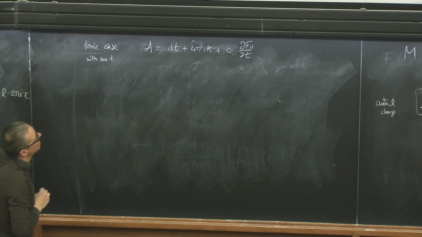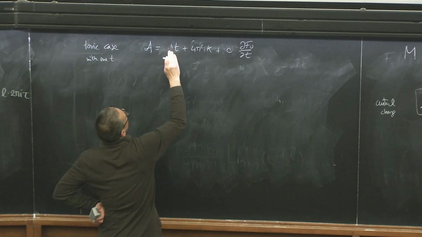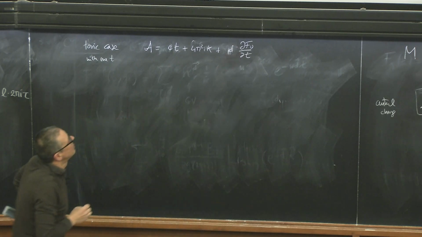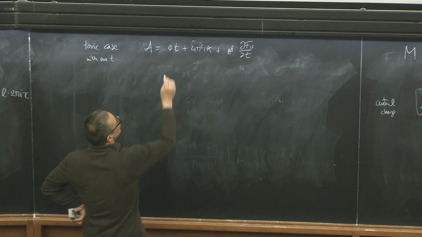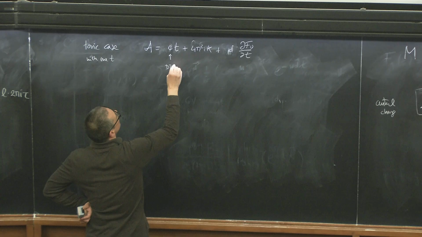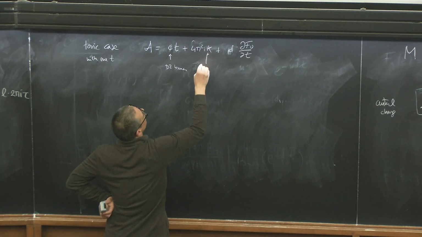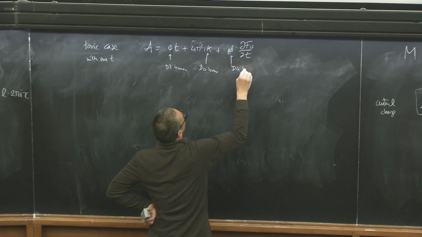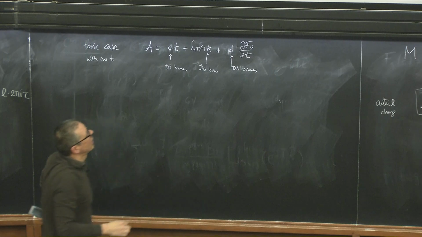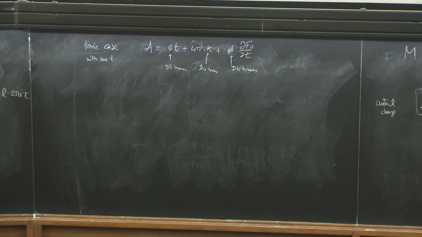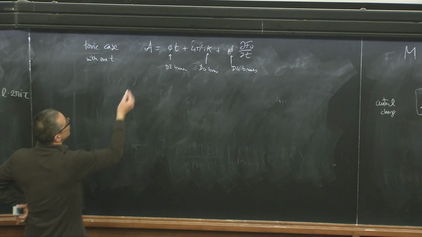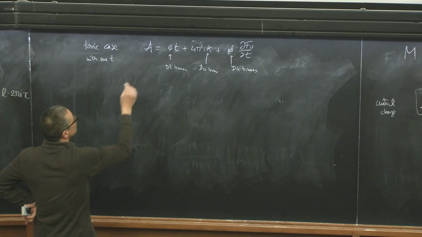And then, well, actually, let me change the notation to be coherent with what I wrote there. This will be the standard, the most general action. So this is the number of D2 branes. This is the number of D0 branes. And this will be the number of D4 branes, okay? Because in the toric Calabi-Yau, the D6 brane wraps the whole space, which is non-compact, so this brane has infinite volume and doesn't contribute.